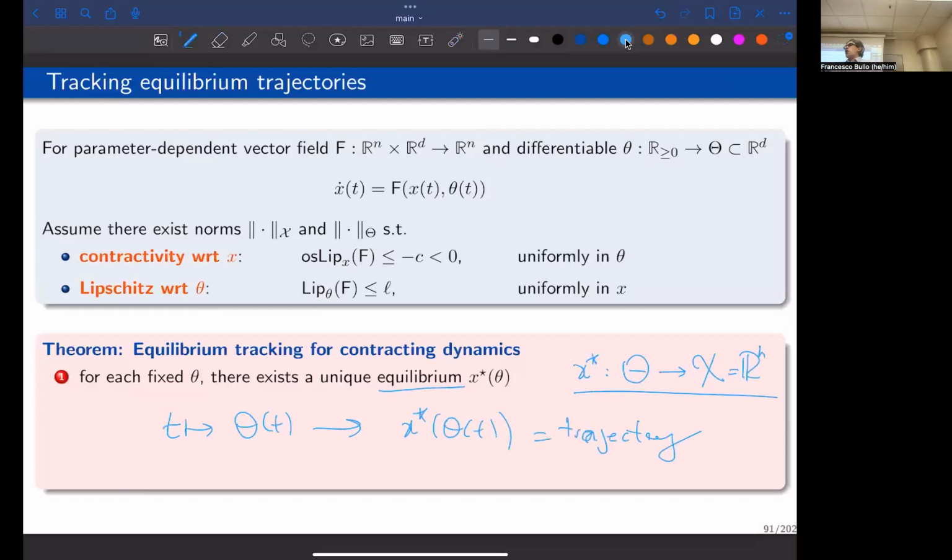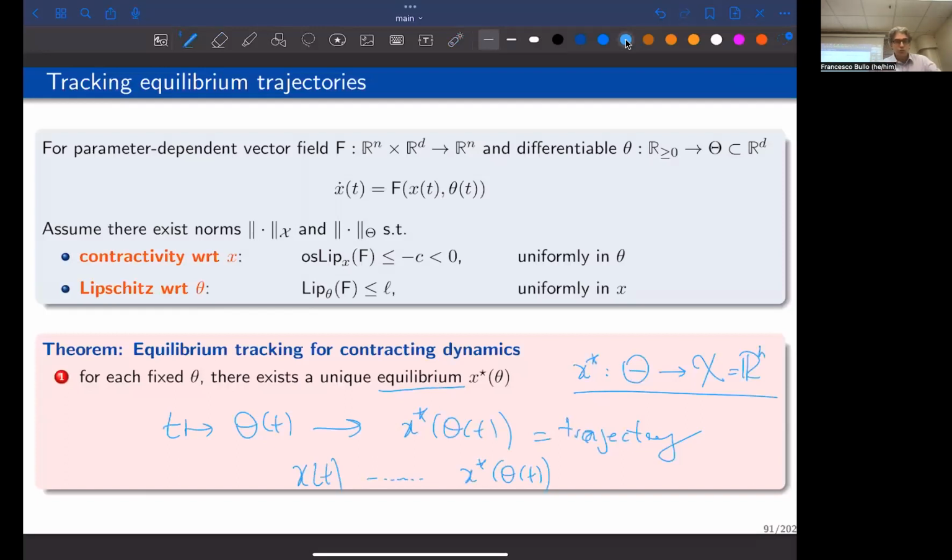That's the curve of the time-dependent optimal solution to your convex optimization problem. That's the optimum as a function of time. And that's an interesting trajectory. That's where you would like to be, right? You would like to be at the optimum. But you're not at the optimum. What is your trajectory? You are x of t, and you are trying to follow as best as you can x star of theta of t.